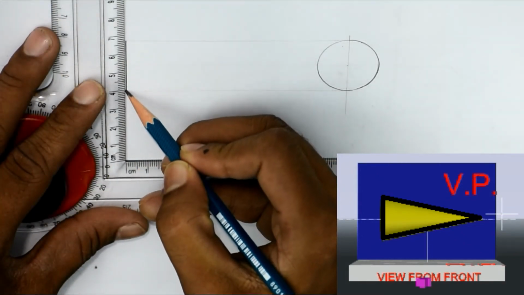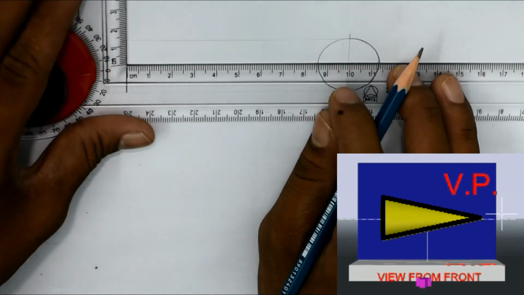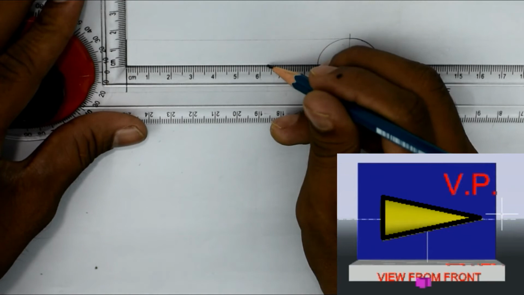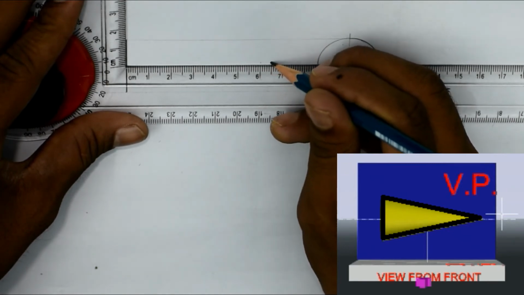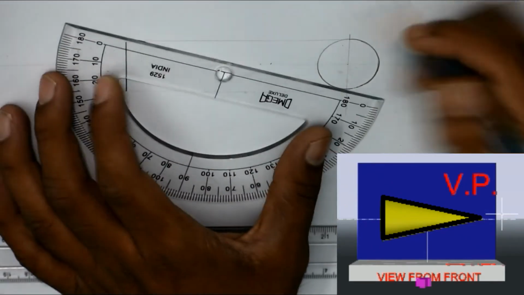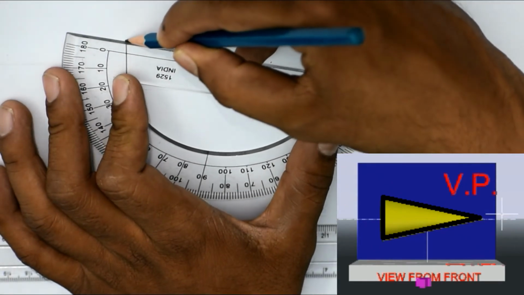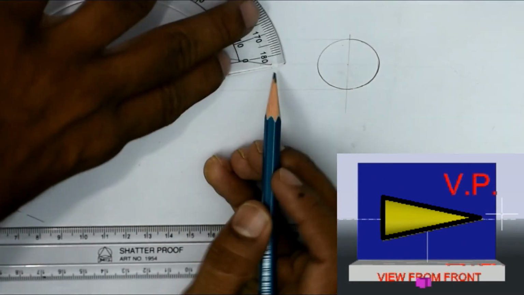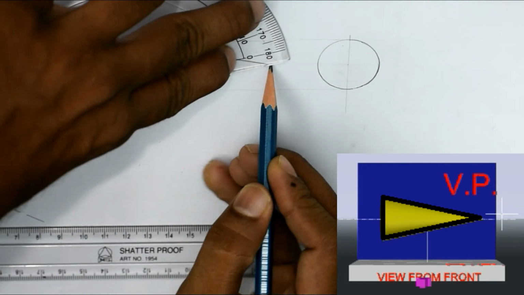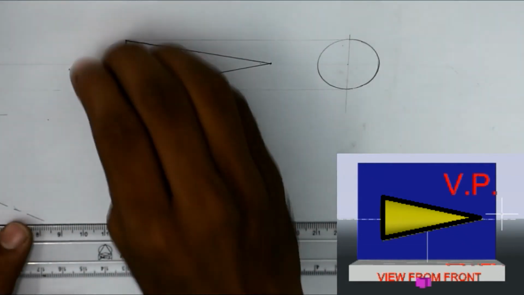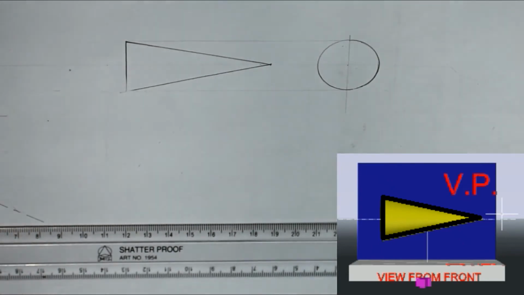This is the base, and as you know the axis height is 65. This completes our front view.